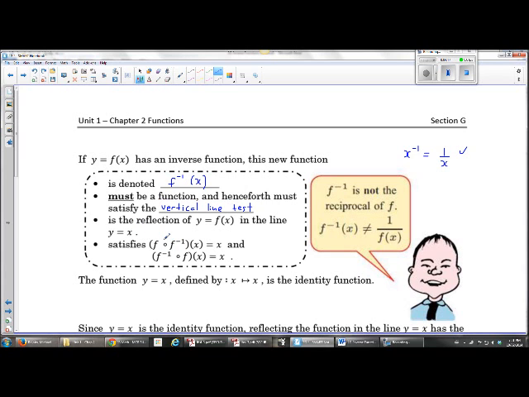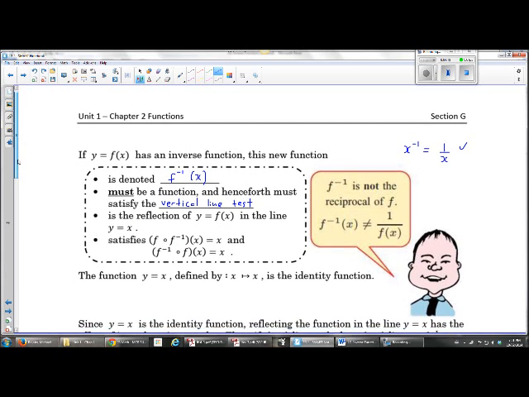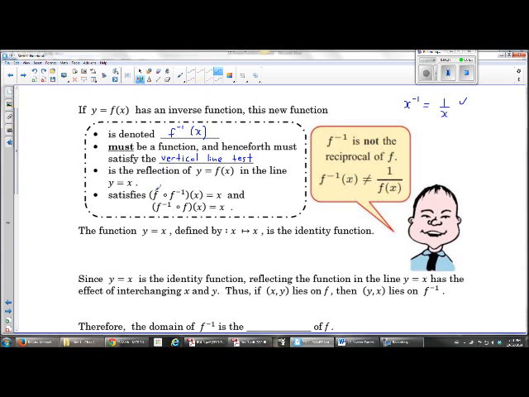And if we take the composite of the original function f and f inverse of x, then that composition of functions would leave you with x, whether it's f composite f inverse or f inverse composite f. They both result in x.